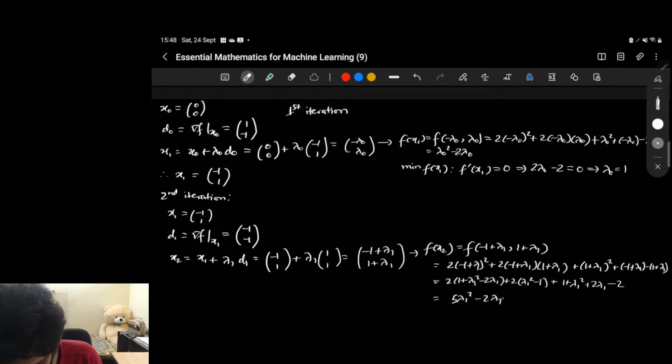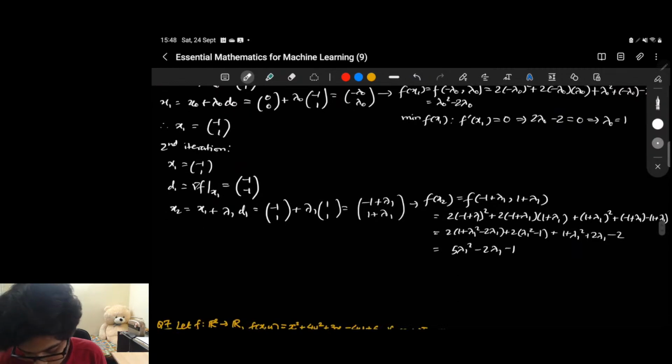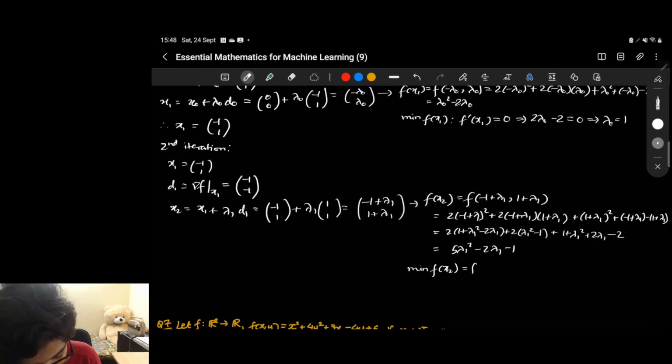This is just plain and simple algebra. So now we need to minimize it. So minimizing f of x2 means that we need to set the derivative equal to 0. This gives us lambda 1 is 1 over 5.